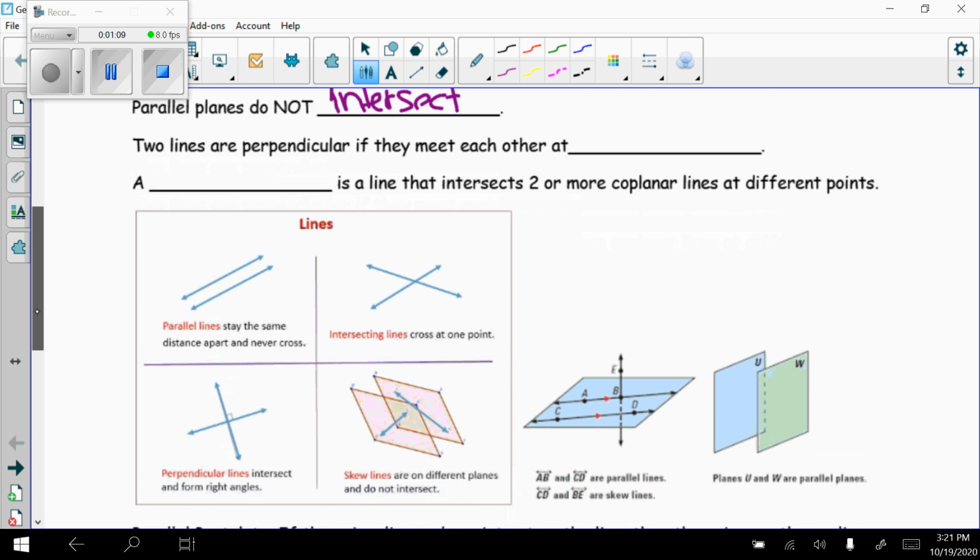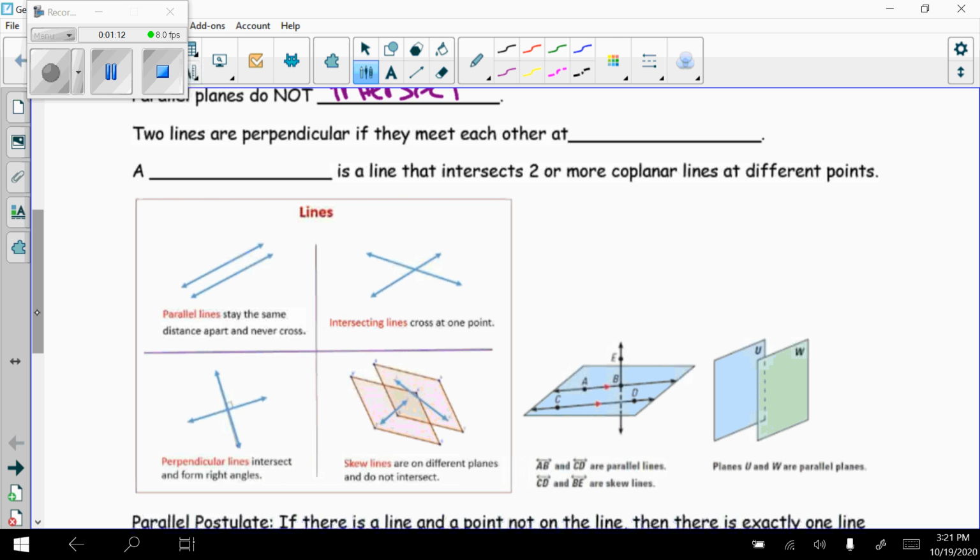Two lines are perpendicular if they meet each other at a right angle. A transversal is a line that intersects two or more coplanar lines at different points.